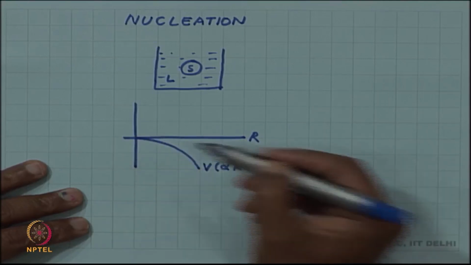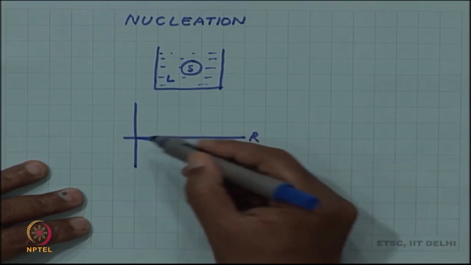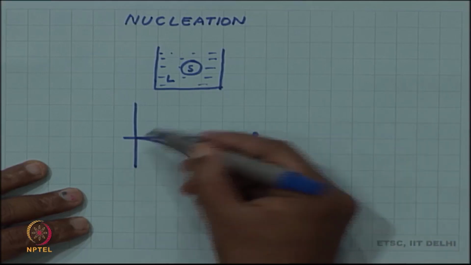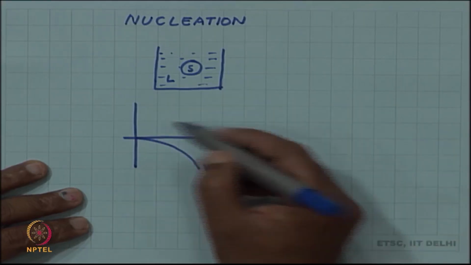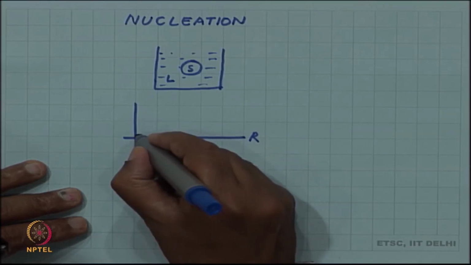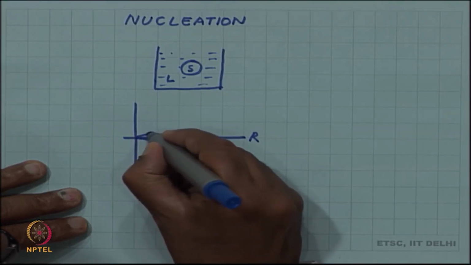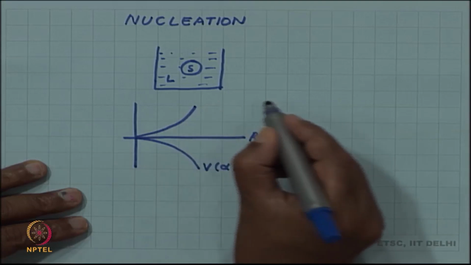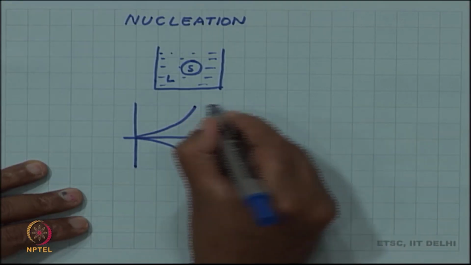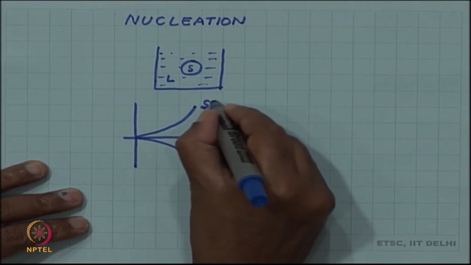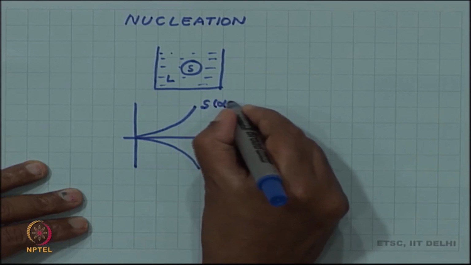If this was the only case, nucleation could have happened right from the beginning at any given radius, but there is a barrier to this nucleation, and that comes in terms of the surface energy, and the surface energy term is positive and is proportional to R square.